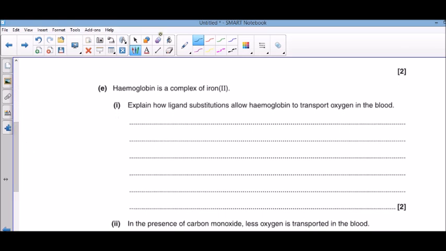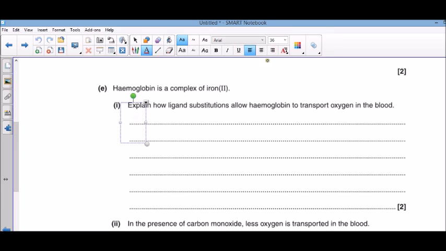Underneath that then, we're on to hemoglobin. And we're obviously going to be talking about ligand substitution. So what we've got to say is that oxygen bonds to Fe2+, and that will get us 1 mark. Okay, so the oxygen's bonding to the Fe2+ in hemoglobin. You might want to say it's a coordinate bond, but that's what gets the mark.